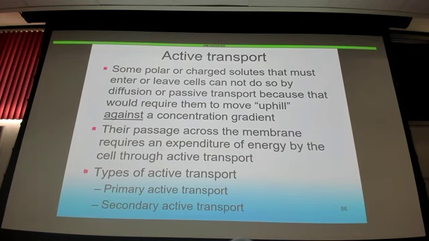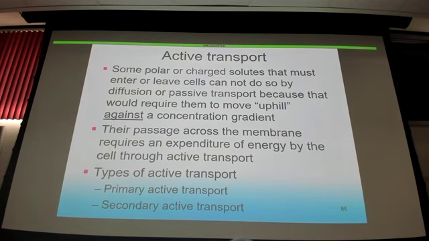So take sodium. Sodium is higher outside a cell than inside. If we open up some type of channel in the membrane, sodium will come in and diffuse down its concentration gradient passively.